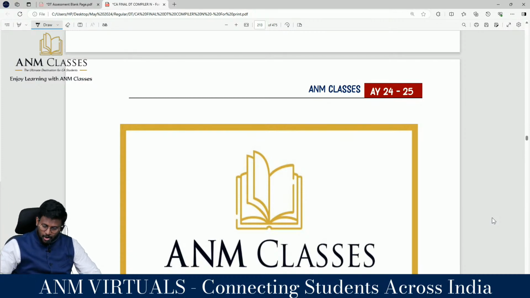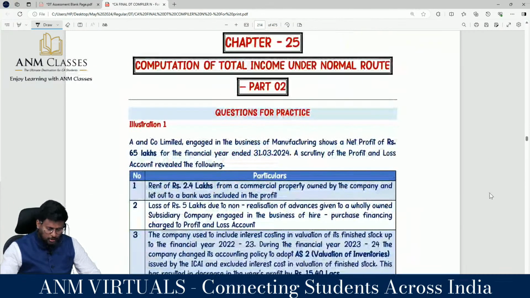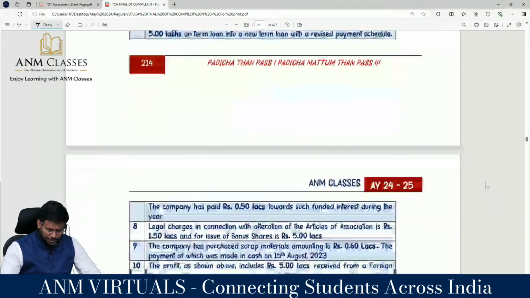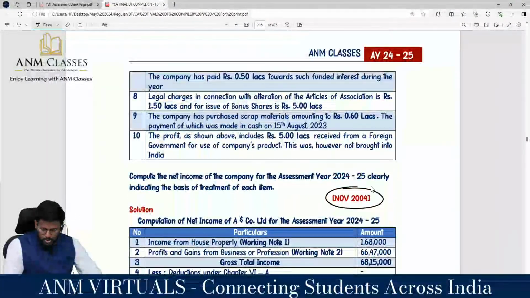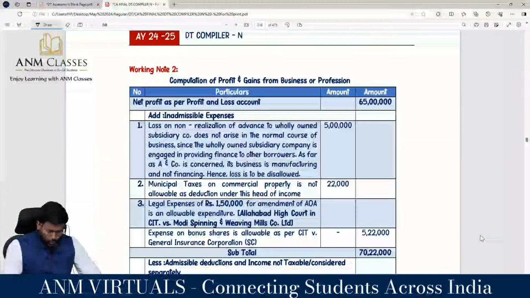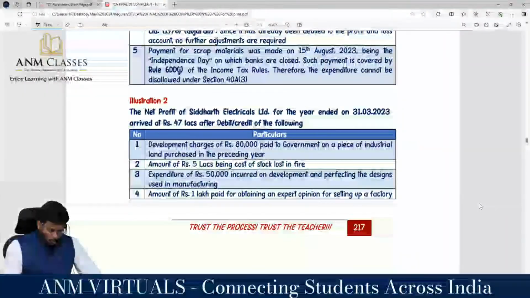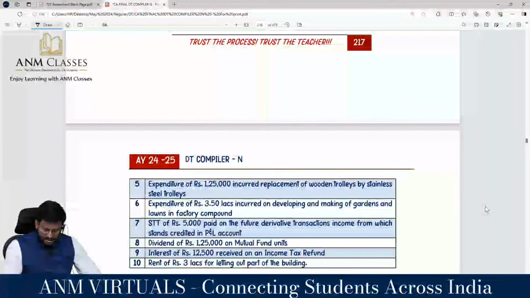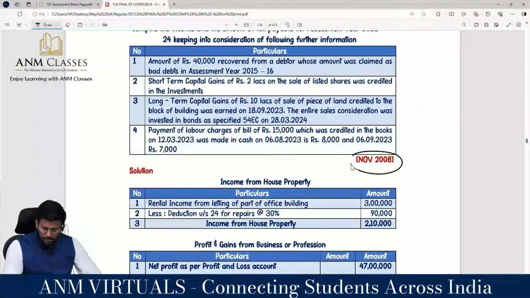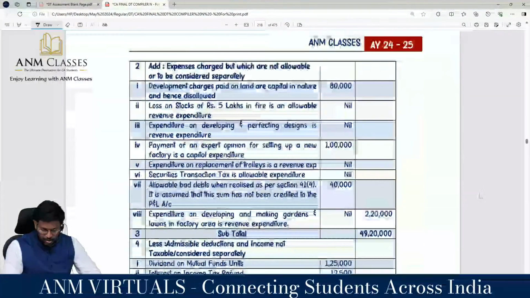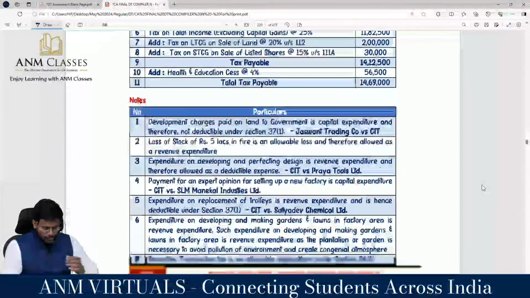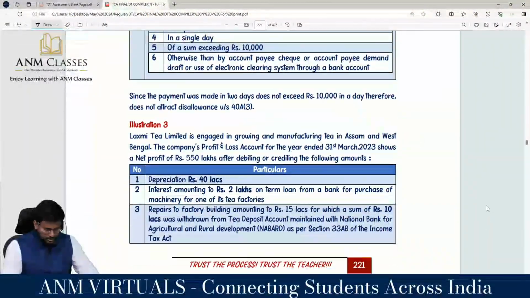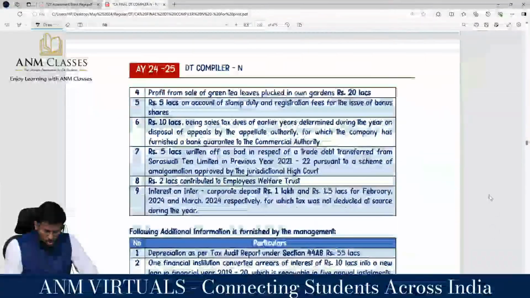We will be doing one more slot tomorrow. Illustration number 1 we are having. This is a November 2004 question. We will be doing question number 2, Siddharth Electricals Limited. This is a November 2008 question. We will be doing question number 3, Lakshmi Tea Limited. Good question.